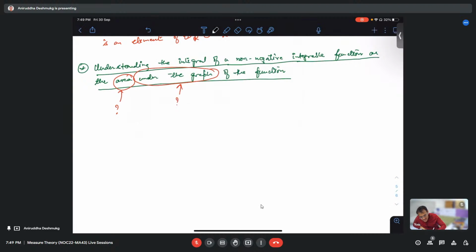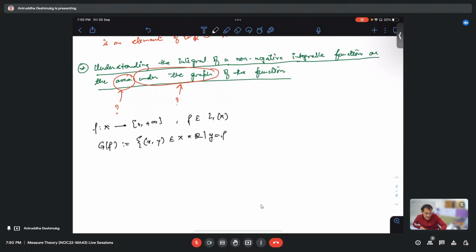So let us look at a function f from X to [0, infinity) and assume that f is in L1. X is of course a measure space. We want to look at the graph of f. So graph of f is defined as all those (x, y) in X cross R, or X cross [0, infinity), whatever is the codomain, such that y is equal to f(x).